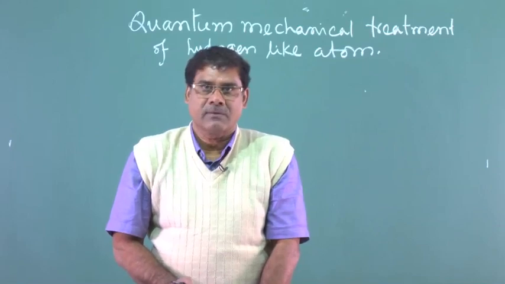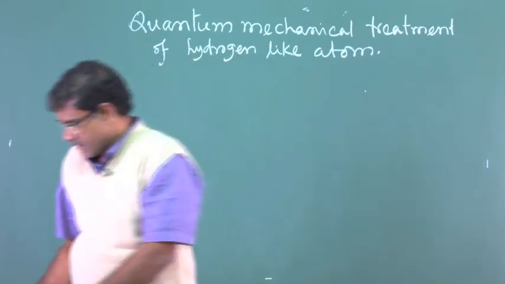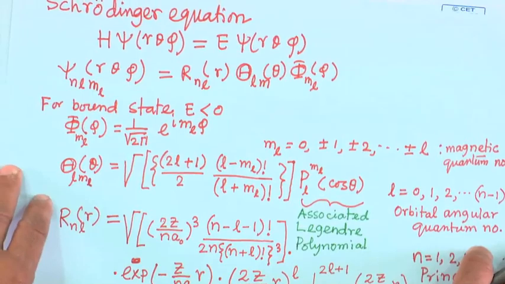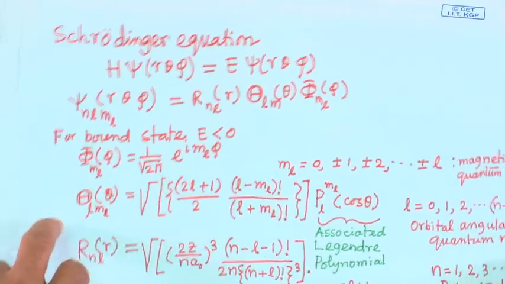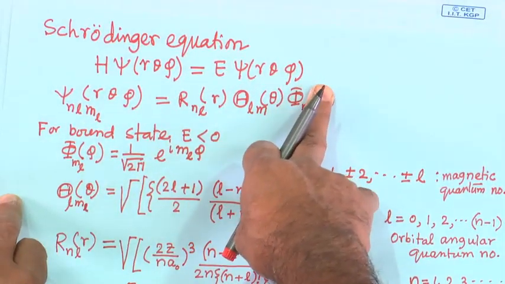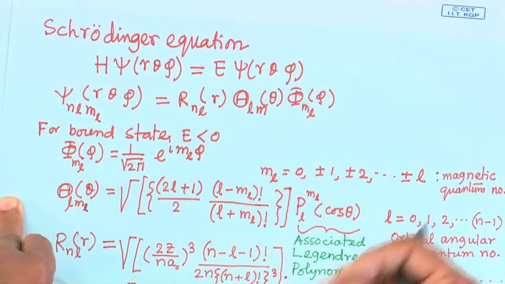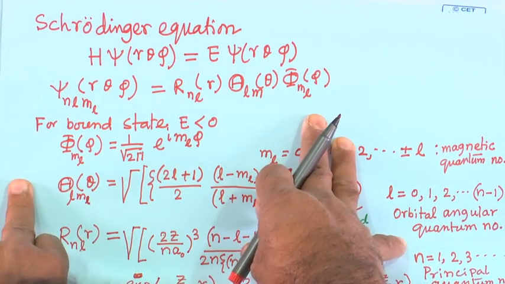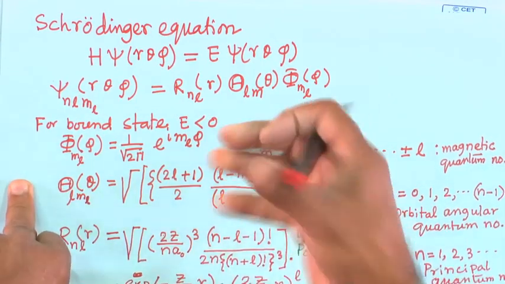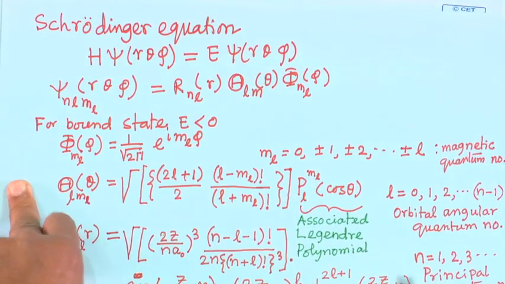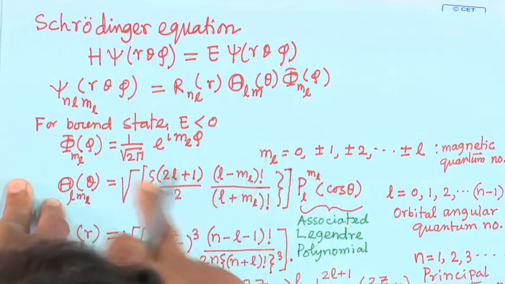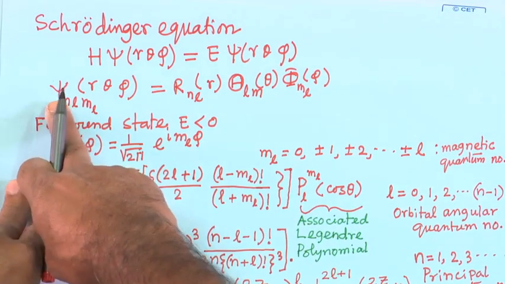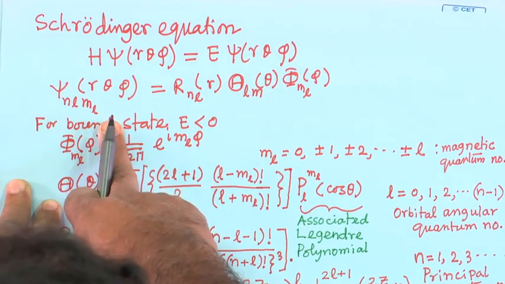Now, as I showed you, we have the complete solution in our hand. This is the Schrodinger equation, and putting in all the boundary conditions, we got the physical form of the wave function psi, which depends on n, l and m l.